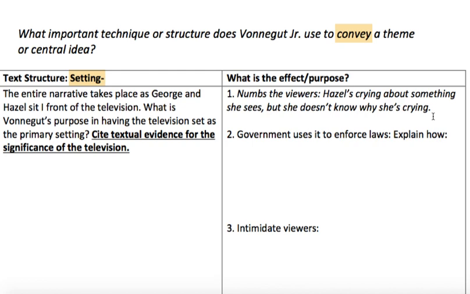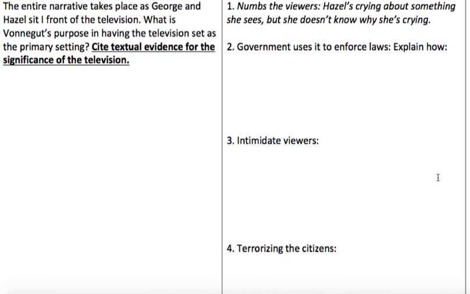Another effect or purpose for having the TV set as the primary setting could be to intimidate its viewers. Think about how anyone watching what George and Hazel are watching would think. They see Harrison on the TV screen, and he begins to remove all of the handicaps from the people that are in this news station. How does TV intimidate its viewers?